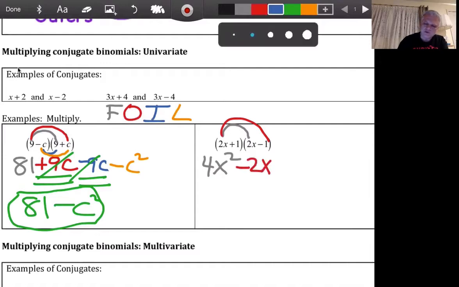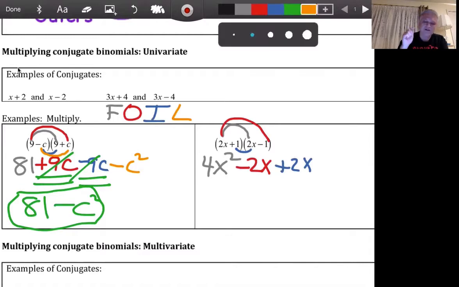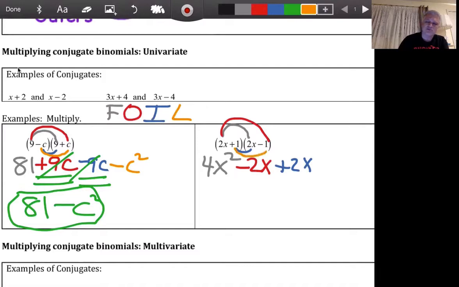Let's take the inner two terms, the plus 1 and the 2x, which will give me plus 2x. You can already see it. It's fun multiplying conjugates. I just love to see the canceling. It's just cool. And then the last term in the first set of parentheses times the last term in the second set of parentheses, plus 1 times minus 1 is minus 1. Because 1 times 1 is 1, positive times negative is negative.